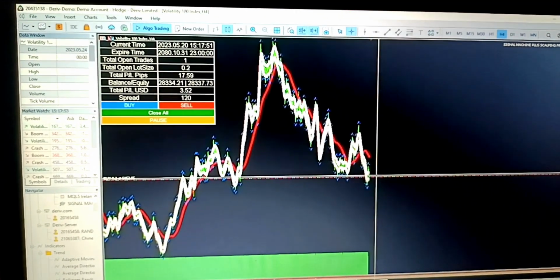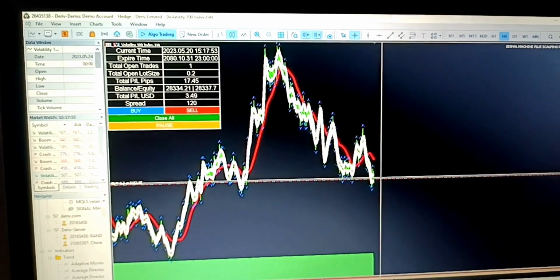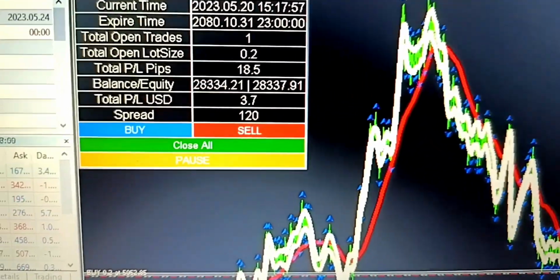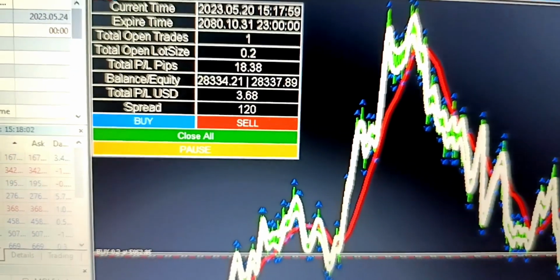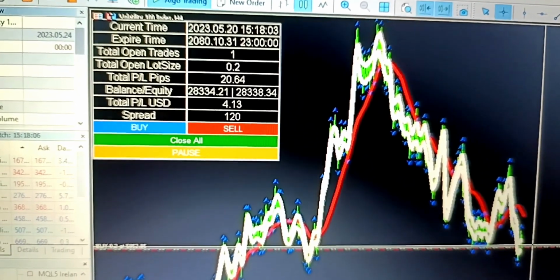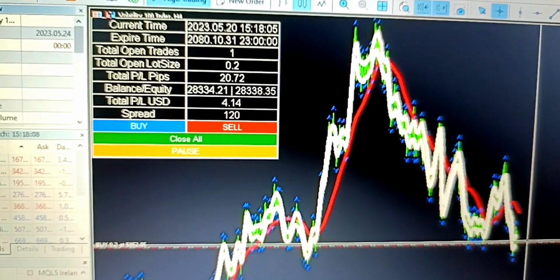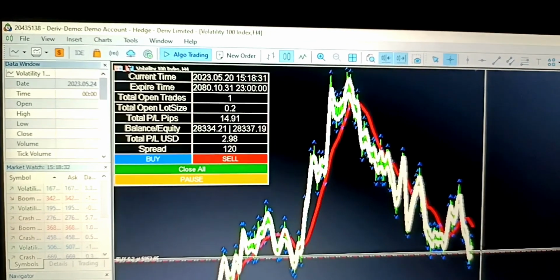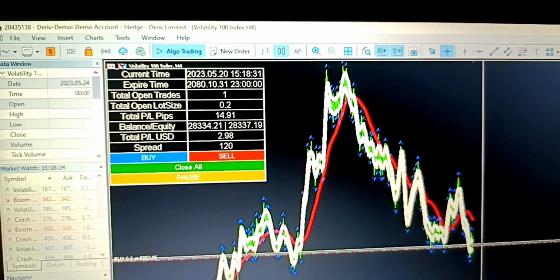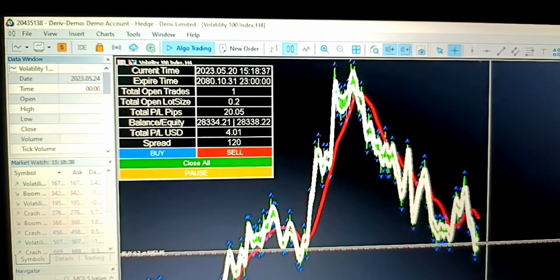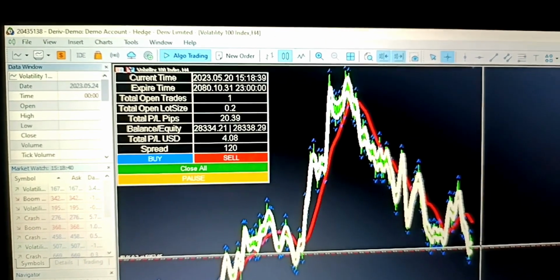Now the market is trending up, and once it hits $5, it will give me profit. Once the profit gets to $5, it will cut it off and give it to me, and open a new trade immediately.